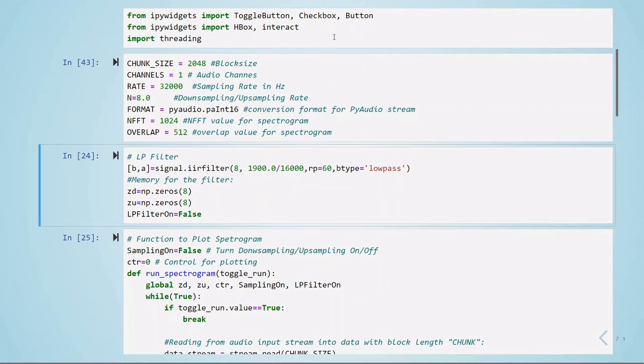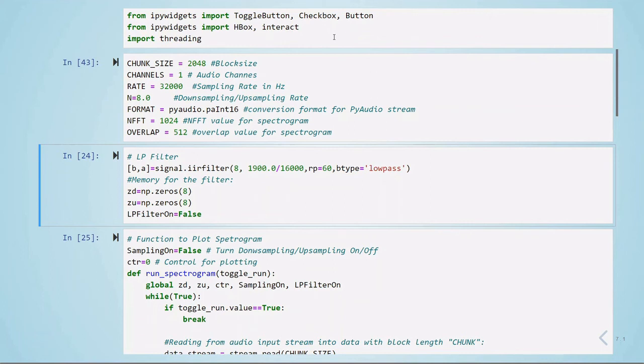Here we are defining our low-pass filter. This is an IIR, infinite impulse response filter. We are using here the normalized frequency, so it's 1.9, as the factor is 8.